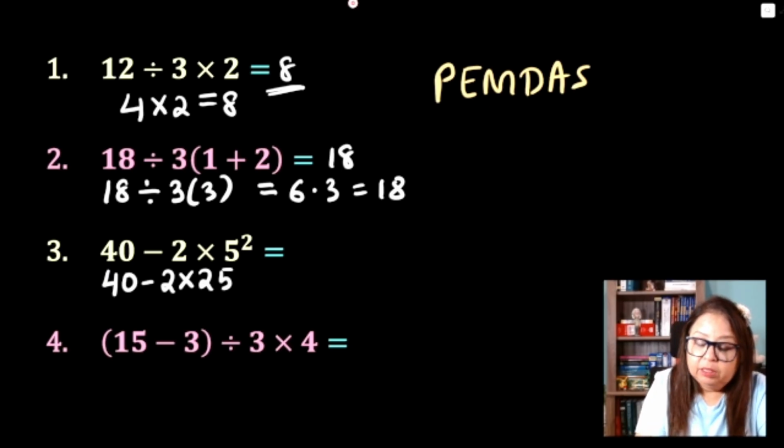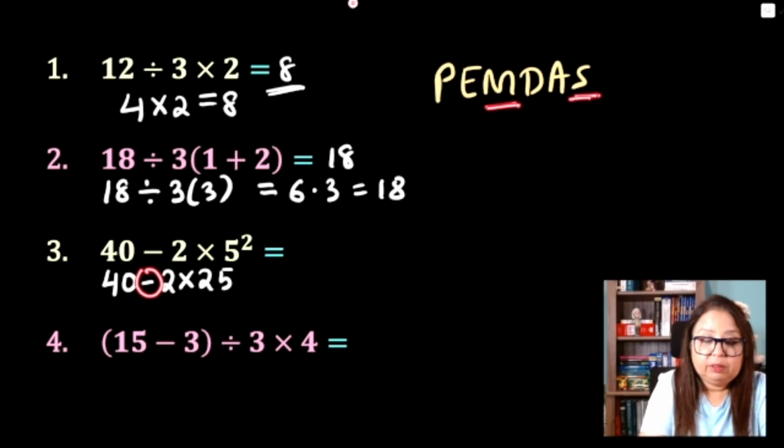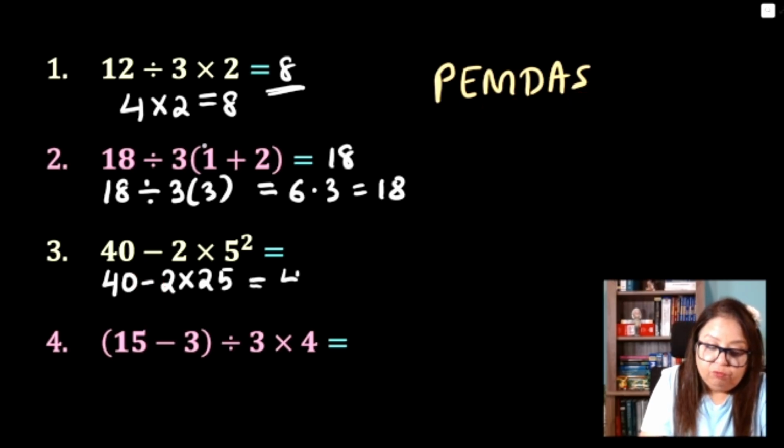Do we have multiplication and or division? Yes, we have only multiplication. So we're going to perform this multiplication before we perform the subtraction. Multiplication comes before subtraction. That gives us 40 minus 50, which is equal to minus 10.